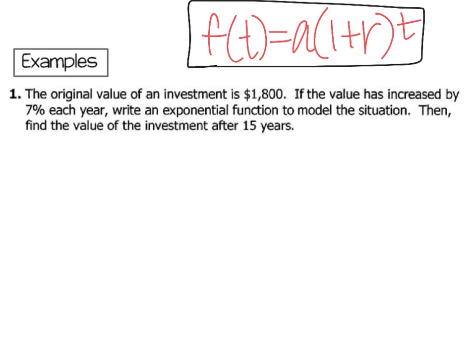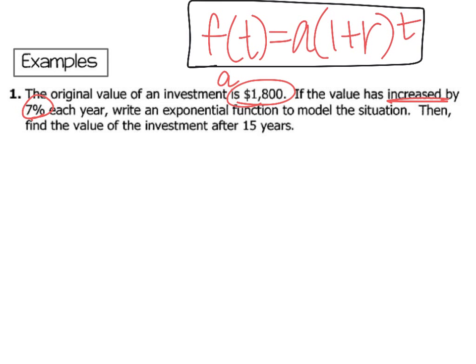So A is always our initial amount. So the original value of the investment is $1,800. That's our A. If the value has increased by 7% each year. So that's our growth rate. We're saying that it increased, that's our key word, it grew by 7%.